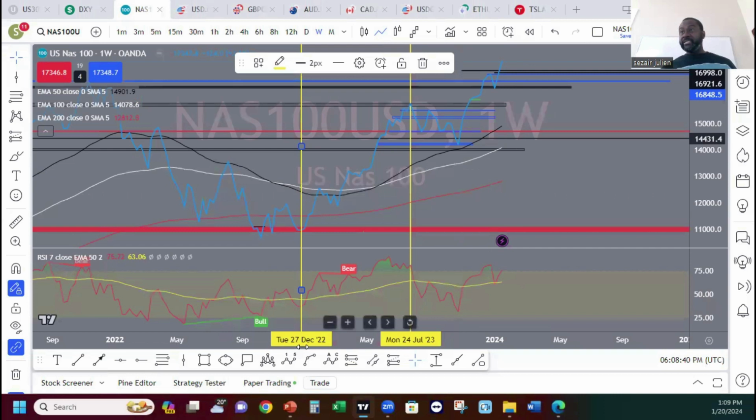From Tuesday, December 27, 2022, to Monday, December 24, 2023, we can see price closed here at 10,979, and here is where price closed in July. Price closed way up here, 15,734. That's what we see in the line chart.